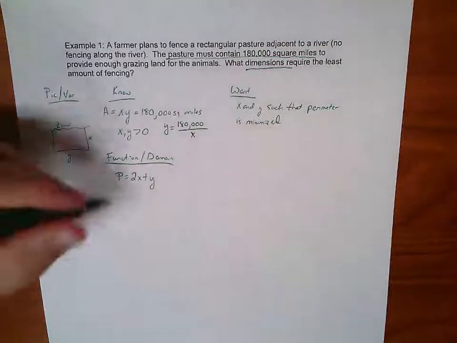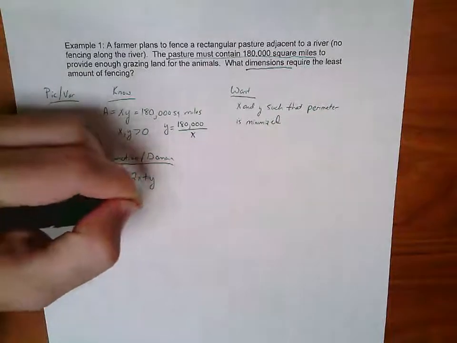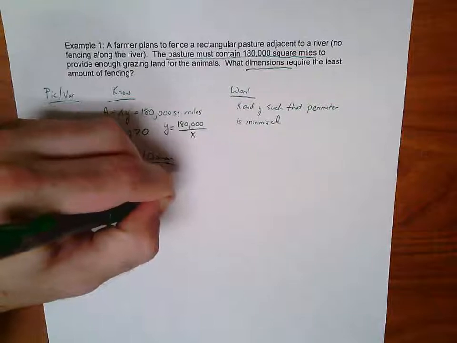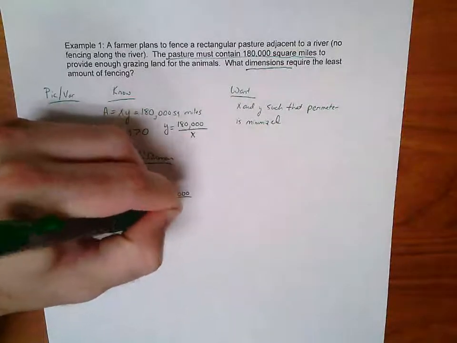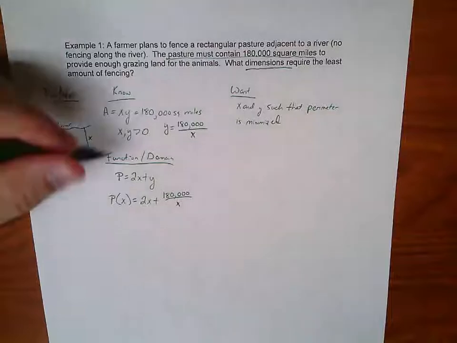Then that gives us our perimeter function, p of x equals 2x plus 180,000 over x. That's our perimeter function in terms of one variable x.